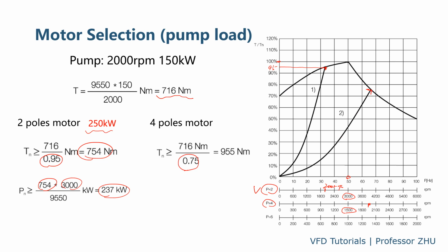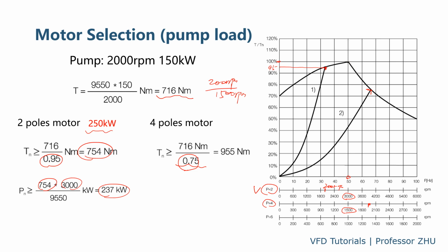For example, here the speed is 2000 RPM, but the rated is 1500 RPM. So we have 75% of the torque based on the rated, because of the constant power.